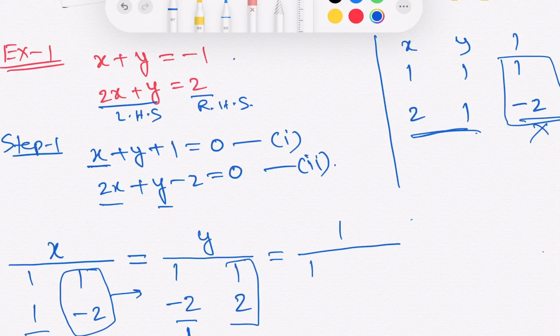So just shift 1 and 2 here, this is the x variable part, then you write the y variable part, which is 1 and 1. This is the y variable part, this is the x variable part, and this one is the constant part, 1 and minus 2. The 1 and 2 is the x variable part, this is the y variable part, this is the constant part.